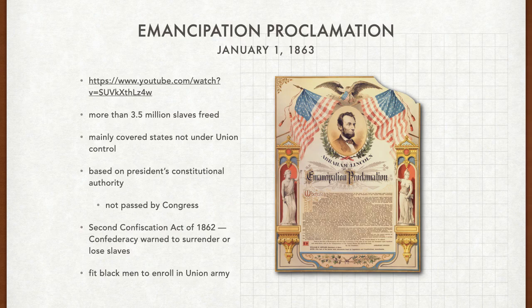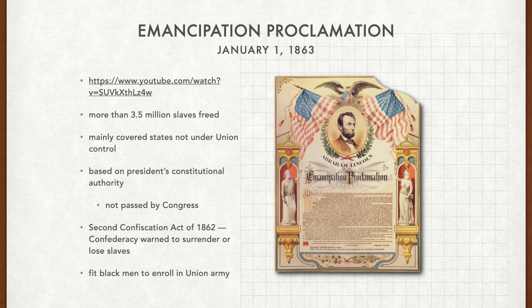Because it was issued under the president's authority to suppress rebellion, or his war powers, okay, so the president has certain powers to stop wars or to prevent wars, right? It necessarily excluded areas not in rebellion, okay?